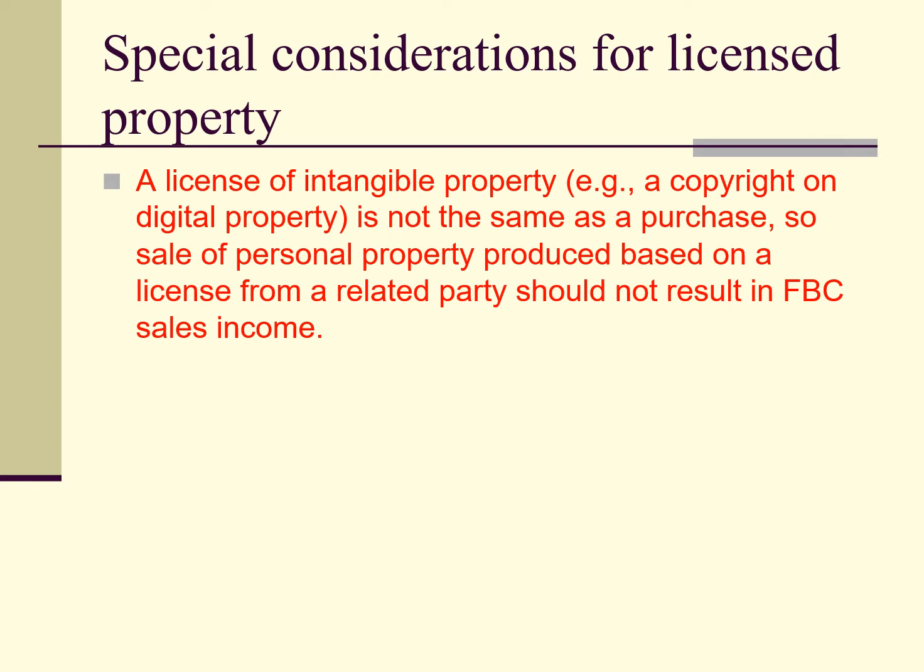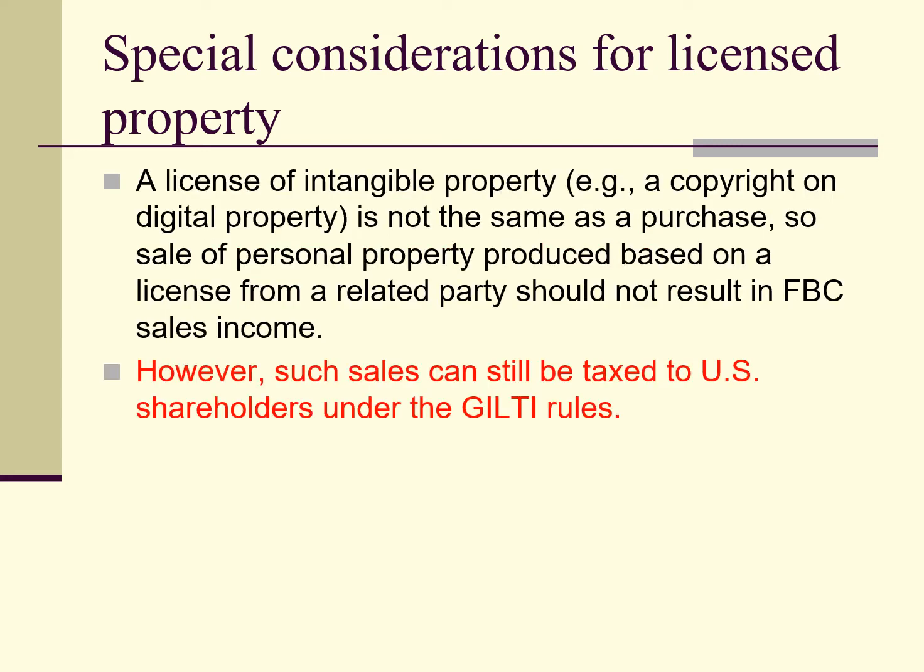Accordingly, if a CFC licenses from a related party the rights to reproduce and sell personal property, including, for example, digital property, and then sells that property, FBC sales income should not result. However, even if there is no FBC sales income, the GILTI rules discussed later can have the effect of taxing U.S. shareholders on that income when it is not Subpart F income.